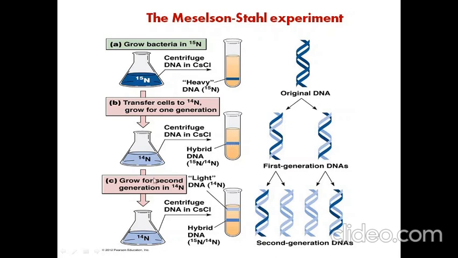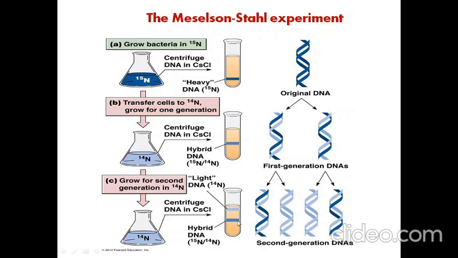Then the E. coli colony was grown for a second generation, a second round of replication, and the samples were again centrifuged in the cesium chloride density gradient machine, and we found three bands.